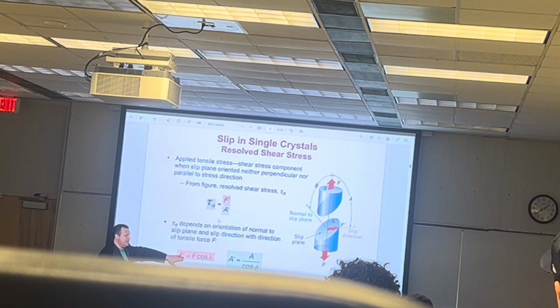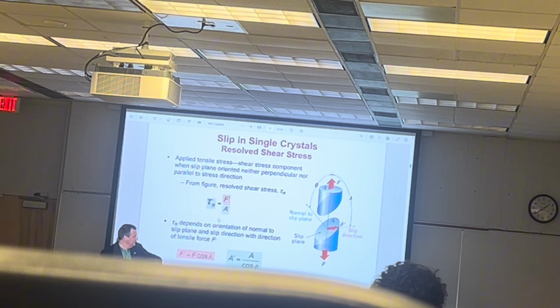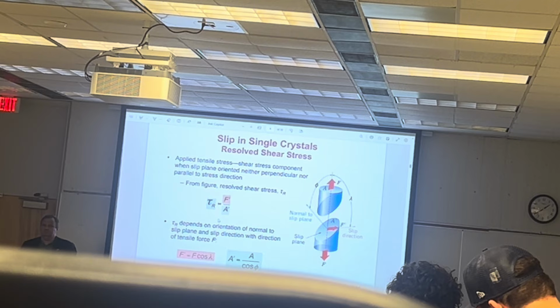So we can write that F prime, from trigonometry, is equal to F, the macroscopically applied load, times cosine lambda. And then we can write the same for A prime, which is equal to A divided by cosine phi. Does this make any sense to you? Yes?